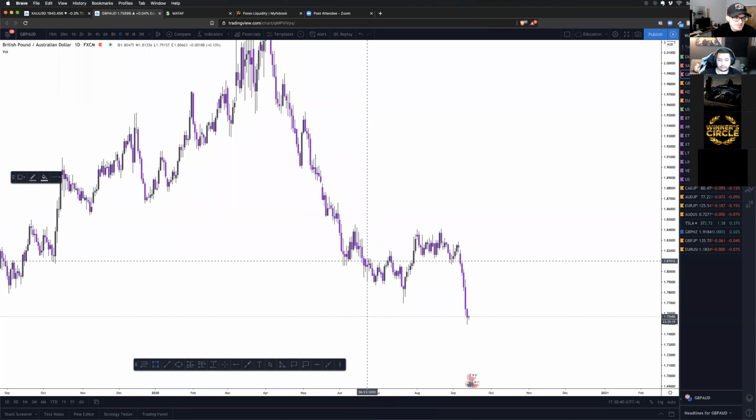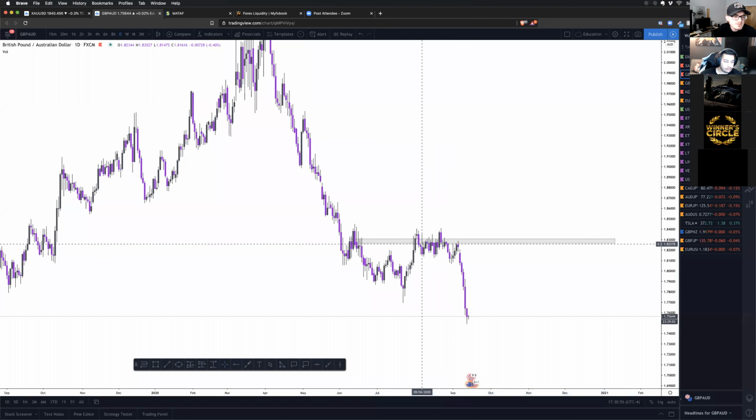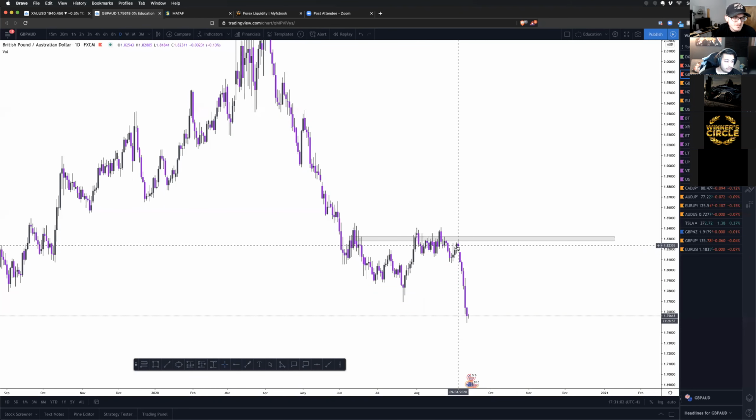Wicks, cross, tip of body, tip of wick. Look where price came back into. Perfect rejection, so we went long there. And then I was looking to go short from this region here based on these resistance levels in here. And then price gapped down last Sunday and never turned back. I was expecting to see a pullback and it just never came back.